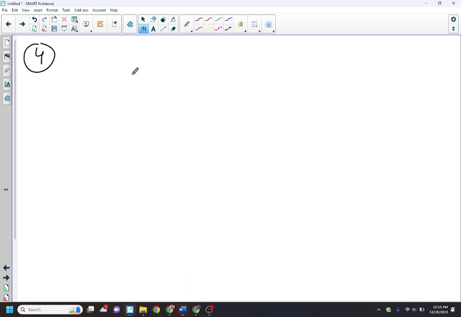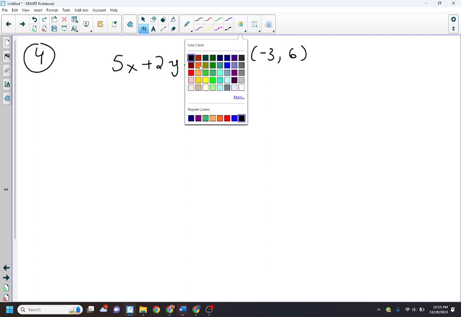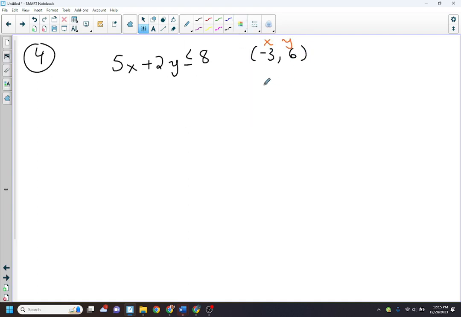The last thing is graphing the inequalities. On the paper, there's two parts. One is plugging in the solutions, and then the second page is actually graphing. So when you test the solutions, if I give you something like 5x plus 2y is less than or equal to 8, and it's negative 3 comma 6. Remember, it's always x comma y.